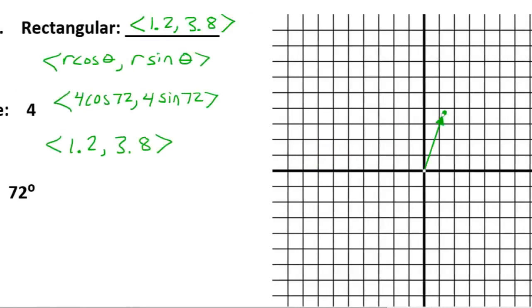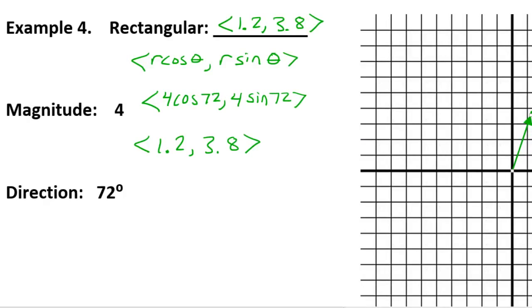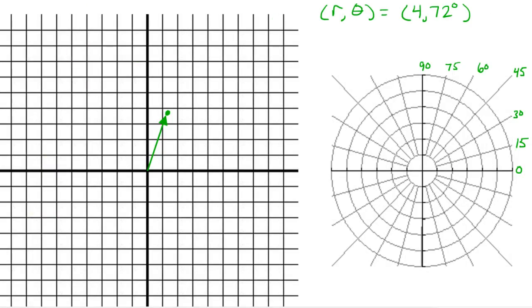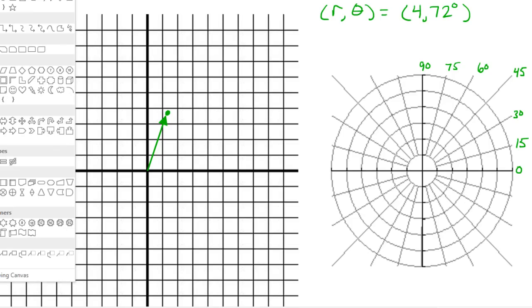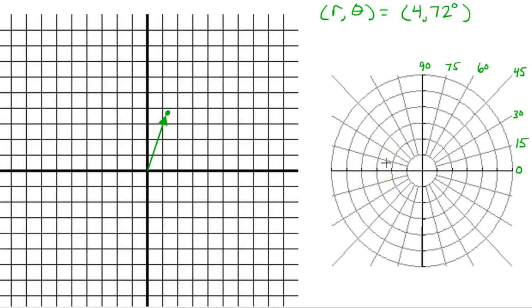Now let's look at the magnitude and the direction. Okay, so here we go. I'm going to start to graph my angle in my vector in standard position. Now here is 75 degrees, but our direction is 72, so it should be a little bit short of 72 degrees. Now the magnitude is 4, so this is 1, 2, 3, 4.